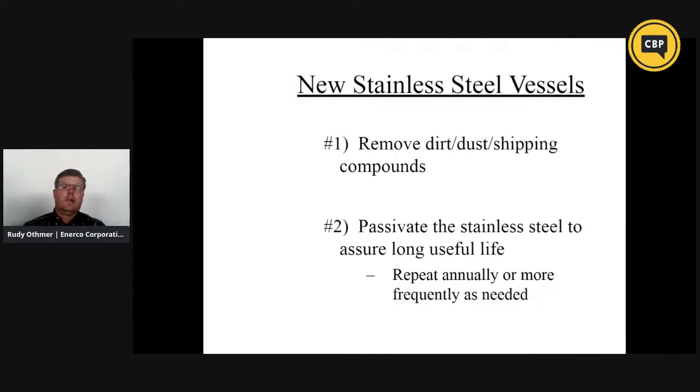If the water runs down and it's a perfect sheet, then your stainless is likely very, very clean. If the water runs down and it looks like a river that has stones in it, and the water is breaking over those and creating little V's, then you've got cleaning yet to do before you begin your passivation process.